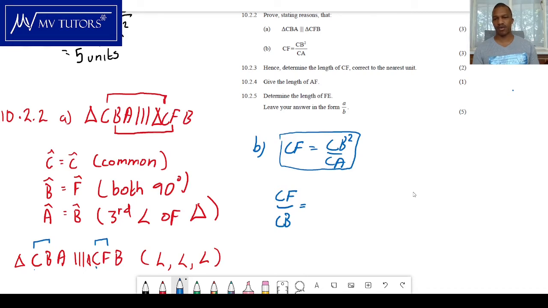We say small over big again, so we take CB over CA.